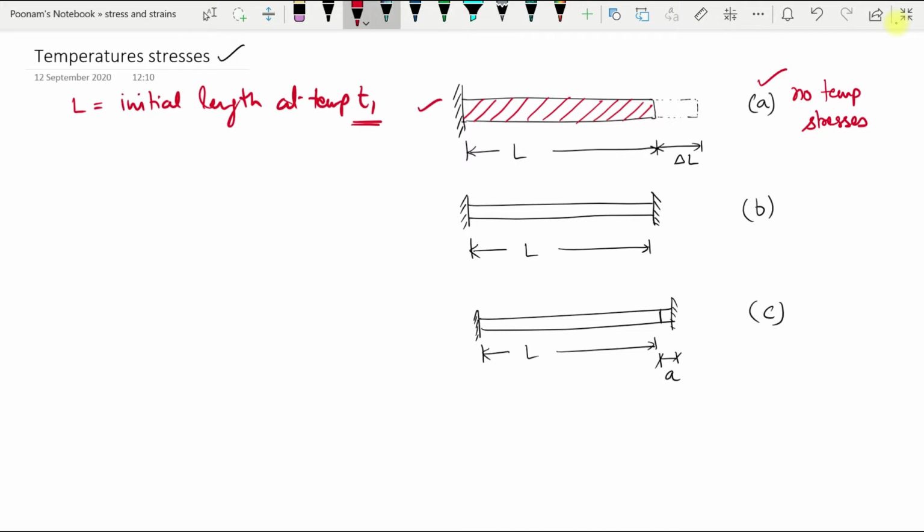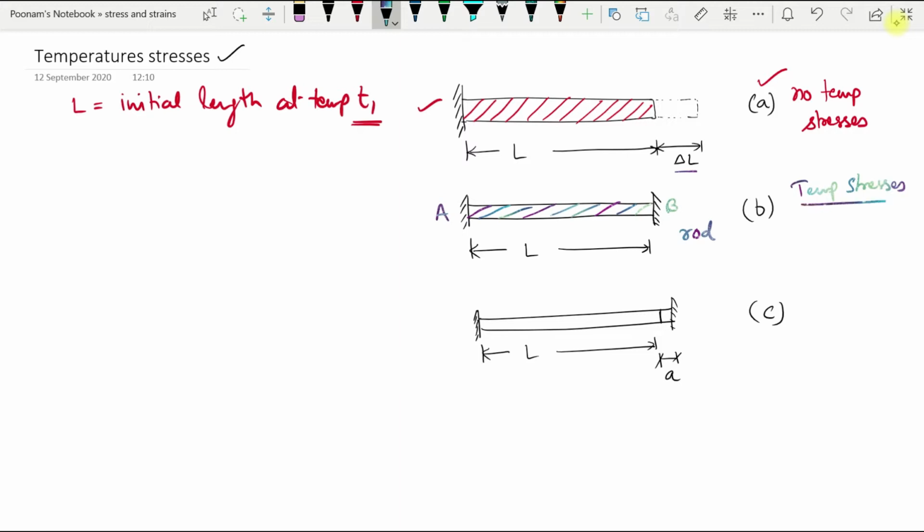But here in the situation B, when we have applied some constraints and we are not allowing the change in length to occur, any contraction or any expansion due to rise or fall in temperature is not allowed, and it is constrained by support at A and fixed support at B. Then if we raise the temperature of the steel rod, it will experience temperature stresses.